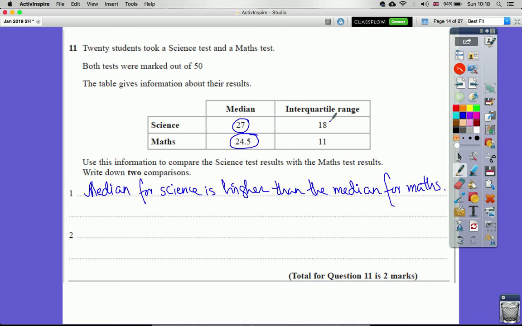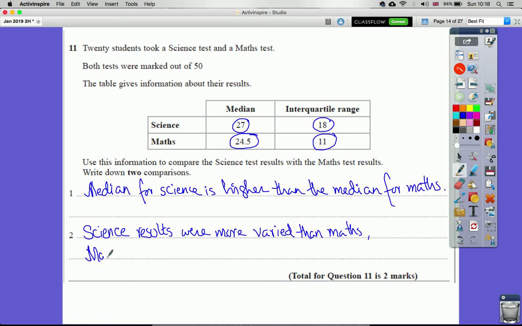However, you can see the interquartile range for science is more spread out. So science results were more varied or spread out than maths.